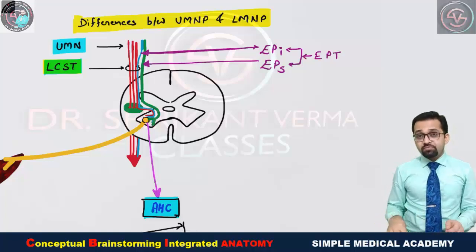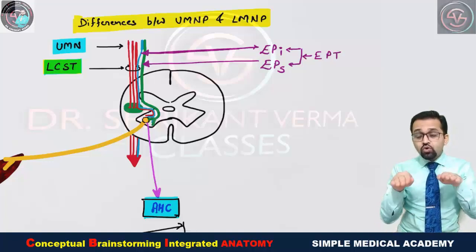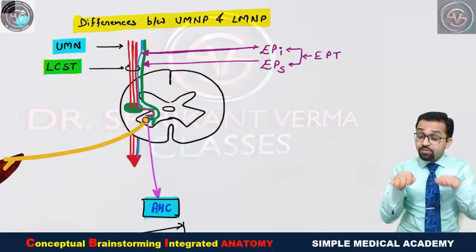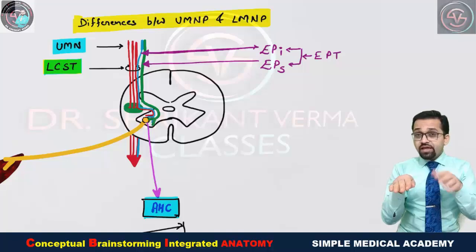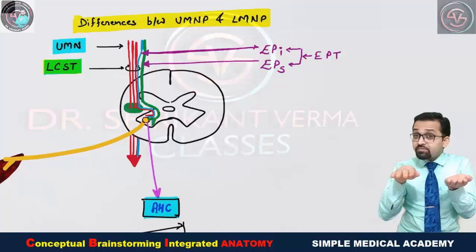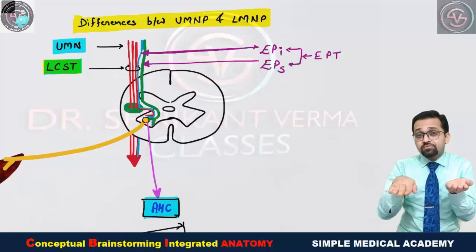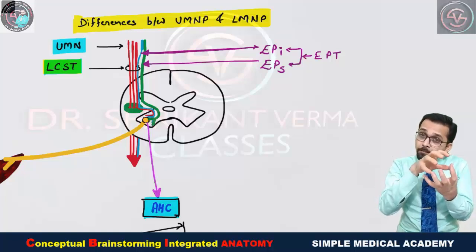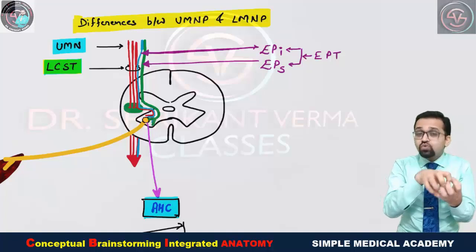What is the function? Remember, every muscle's tone and contractility is under the control of this extrapyramidal tract. When any muscle is having more contractile stimulation, the extrapyramidal tract inhibitory will act, and it will maintain the tone of the muscle.